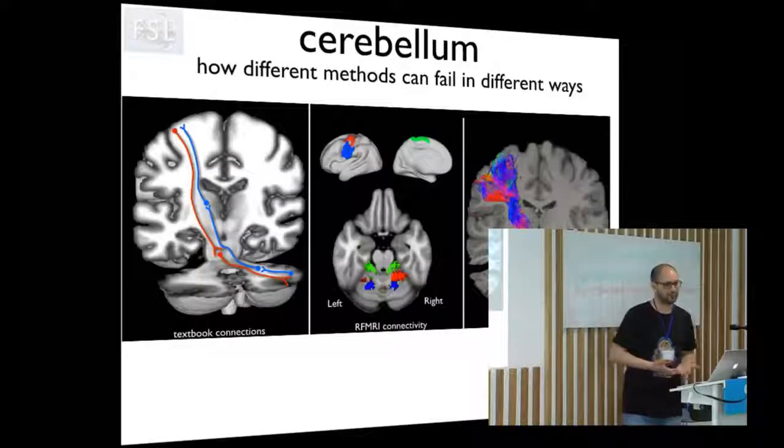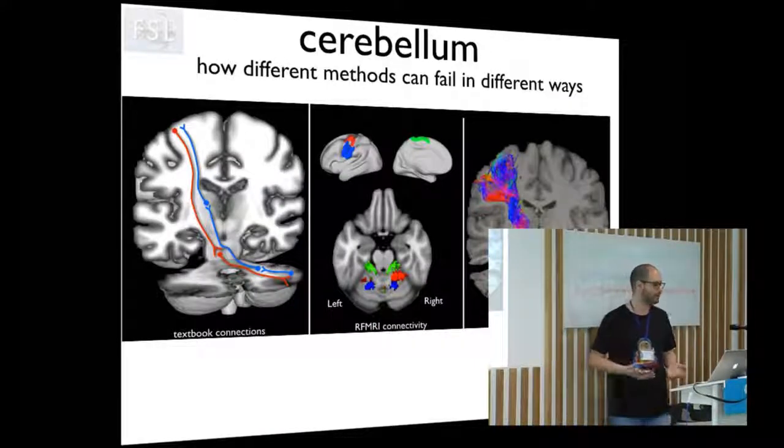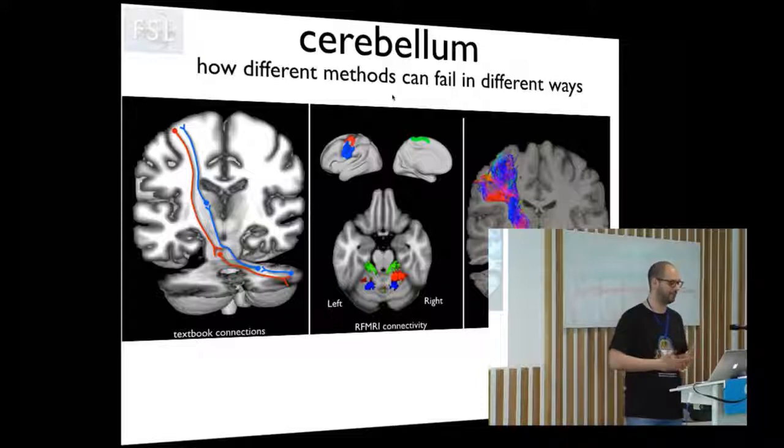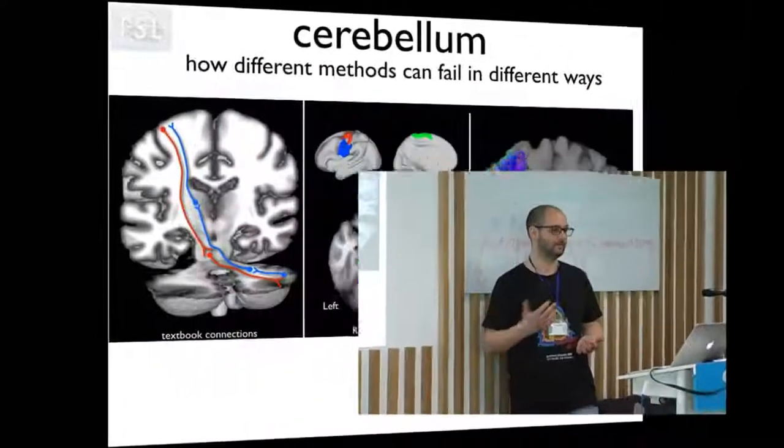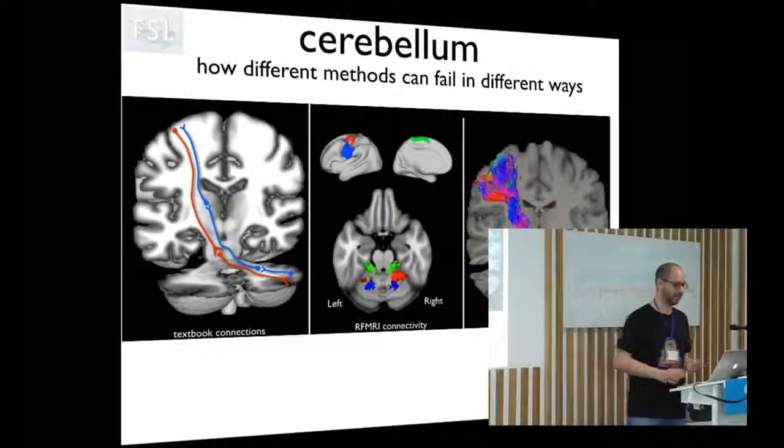Another thing you can get out of tractography is the typical example of fiber crossing at the level of the cerebellum. If you're interested once again in the corticospinal tract, you know that fibers should decussate at the level of the pons. So seeding from one hemisphere should reach the contralateral cerebellar hemisphere. But actually, of course, because of the constraint that you impose with tractography, it will preferentially follow the most collinear path, ending in the ipsilateral cerebellar hemisphere, which is anatomically implausible.